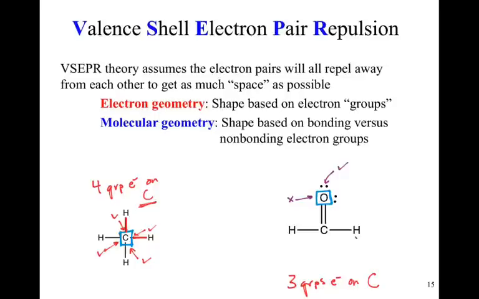I just care, are there electrons? Next face? Yep. Last face? Yep. There are three groups of electrons on the oxygen. Okay? So hopefully that helps you explain what's going on with those groups.